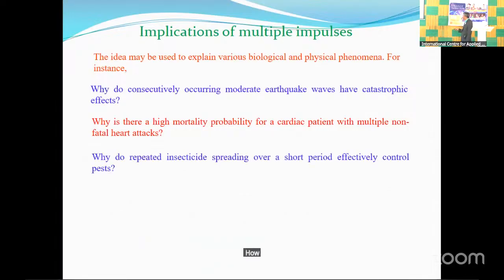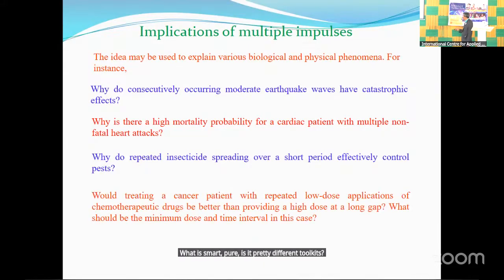How does repeated insecticide spraying over a short period effectively control pests? Would treating a cancer patient with repeated low-dose applications of chemotherapeutic drugs be better than providing a high dose at a longer interval? What should be the minimum dose and time interval in this dose?